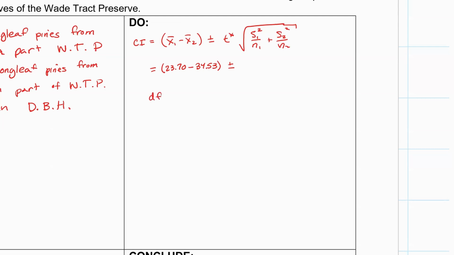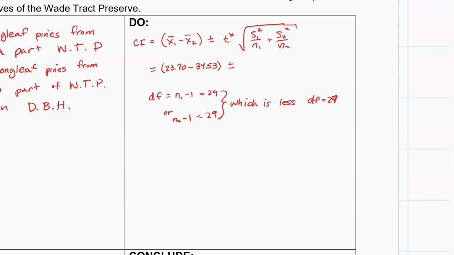We should remark here that if we're using the table, the degrees of freedom is going to be n1 minus 1, which is 29, or n2 minus 1, which is 29, whichever is less. Now, these happen to be the same. So our degrees of freedom is 29.